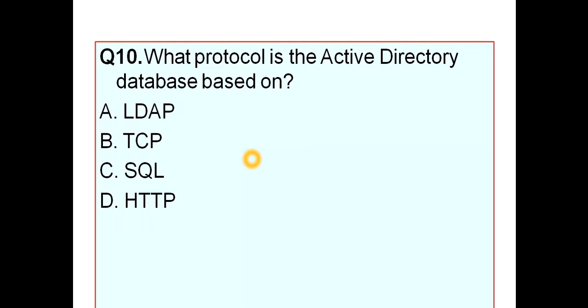Well, next question. What protocol is the Active Directory database based on? Option A, LDAP. Option B, TCP. Option C, SQL. Option D, HTTP. So, what is the right answer?